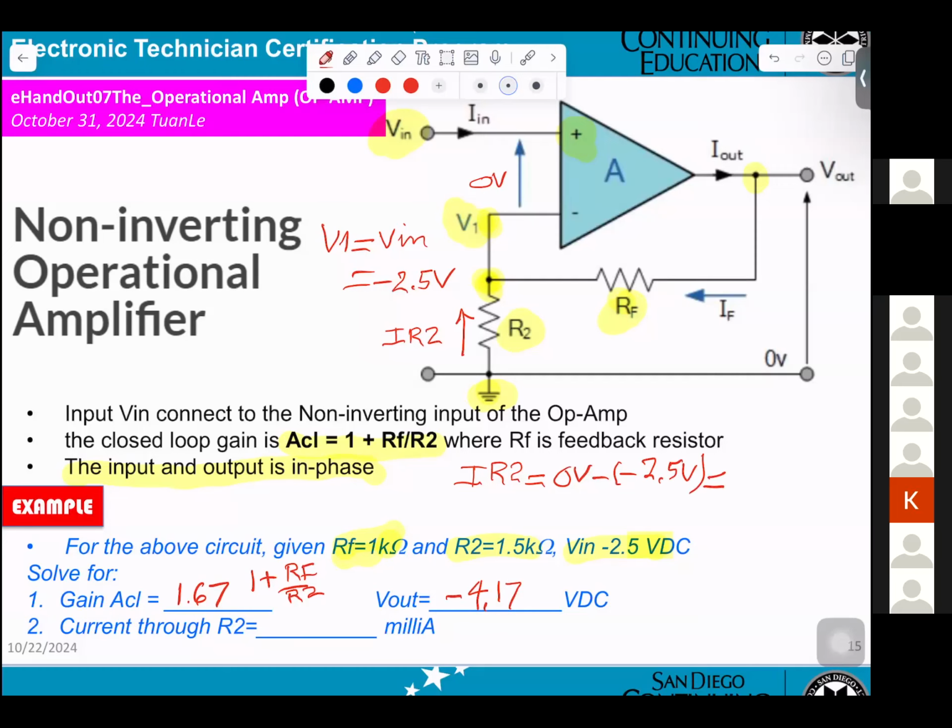So did you get the current IR2 of 1.67 milliamps or something?